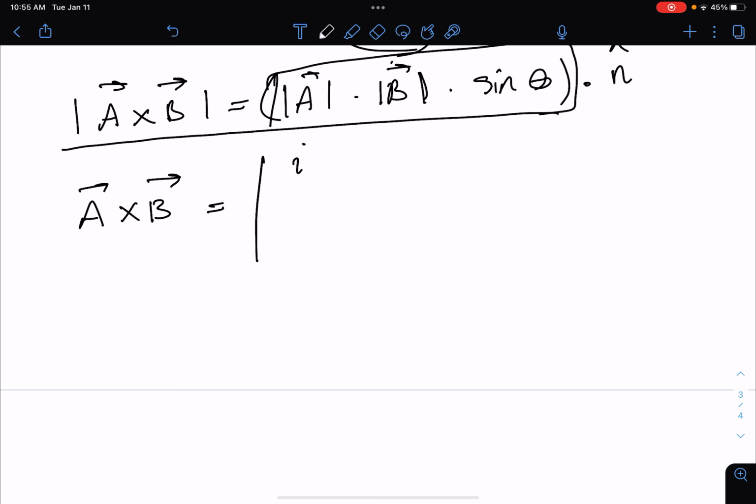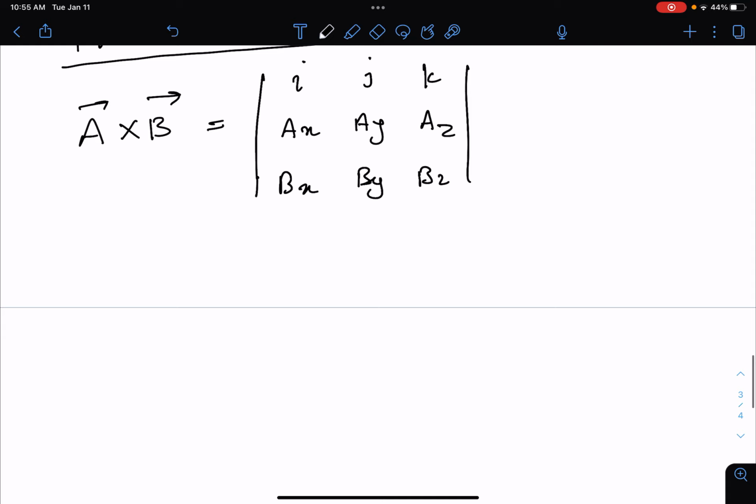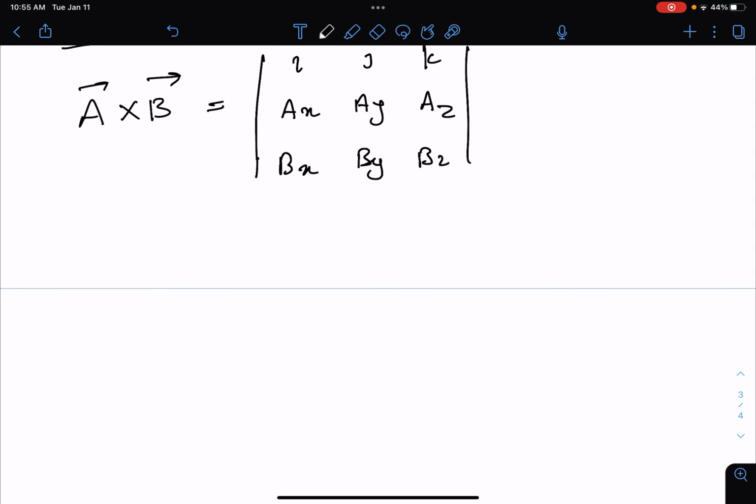In Cartesian coordinate system, we take the determinant of this matrix. Do we know how to take this determinant? Yes? Okay. So we are not going to go over this. But let's talk about the unit vectors in each direction.